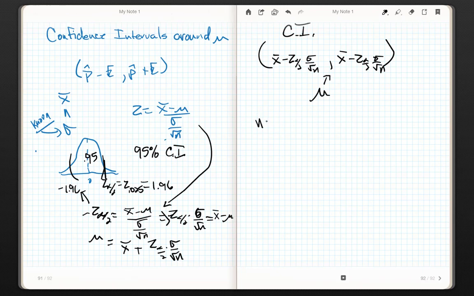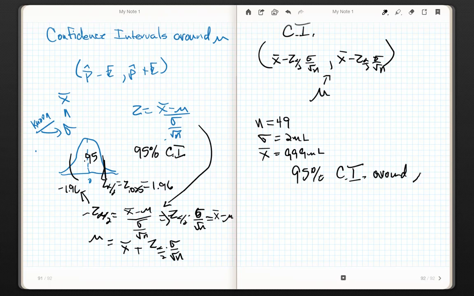I'm going to say that we took a sample of 49, because it made it nice and pretty, and that sigma was 2 milliliters, and our x bar was 999 milliliters.